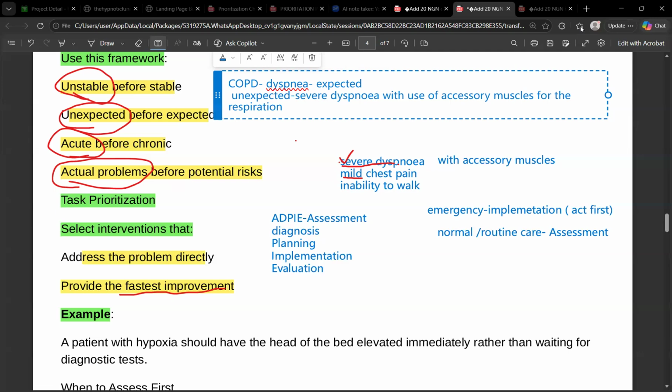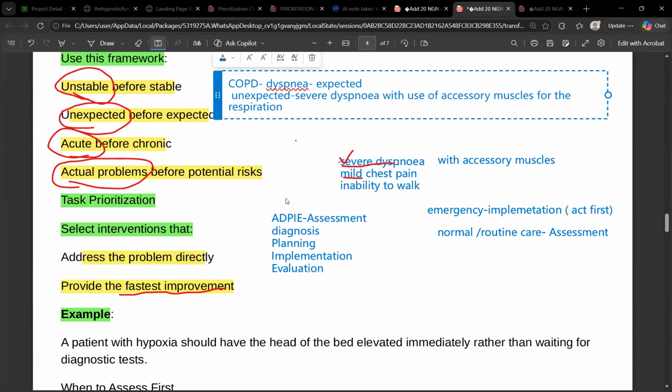So always correlate with expected versus unexpected. There may be some expected finding, but if some additional findings are there, that would be our unexpected one. So it is very important while prioritizing the need.